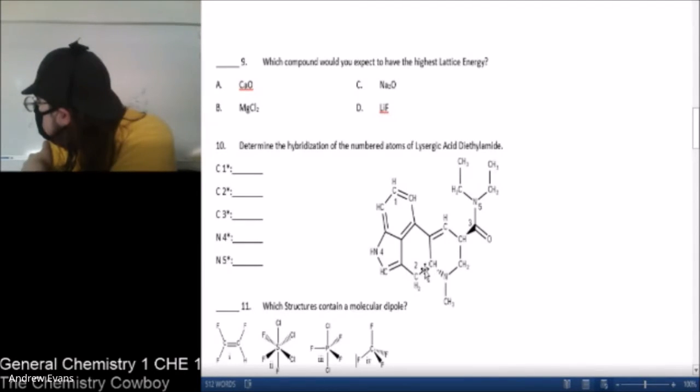There's carbon 2. 1, 2, 3, 4. That's a CH2, there's 2 H's coming off of there. 1, 2, 3, 4, sp3. That's a carbon, 1, 2, 3, that's sp2. Let's see, where's 4?